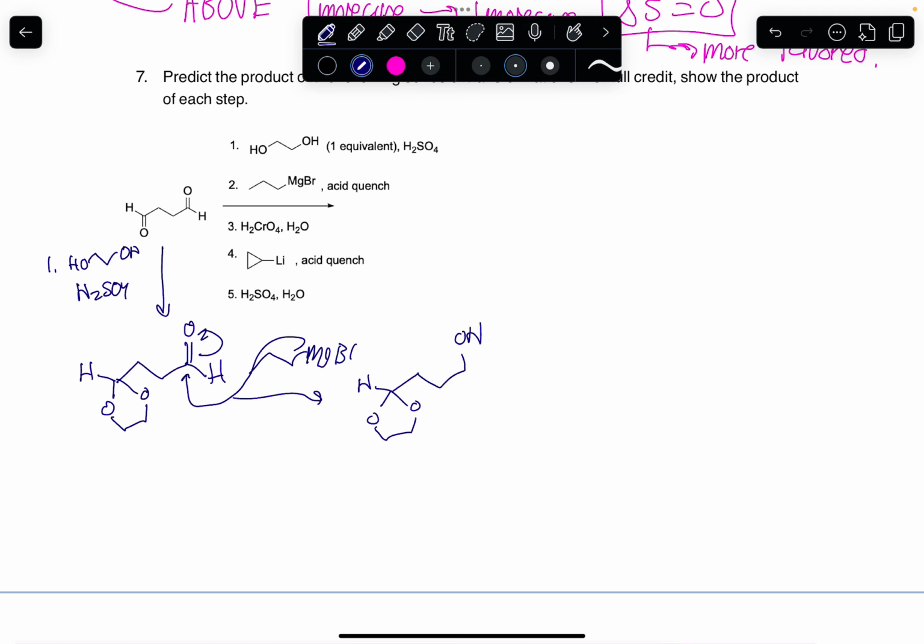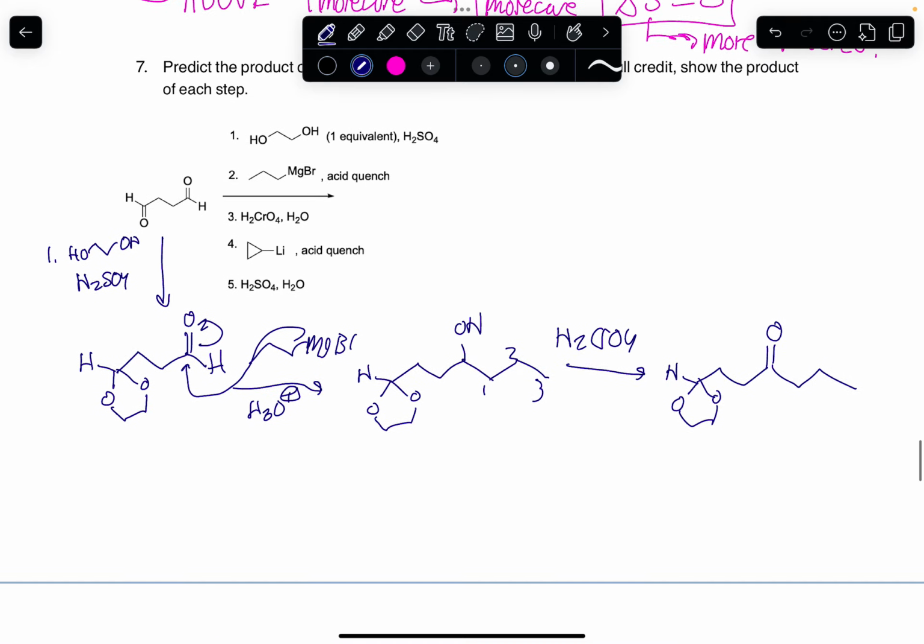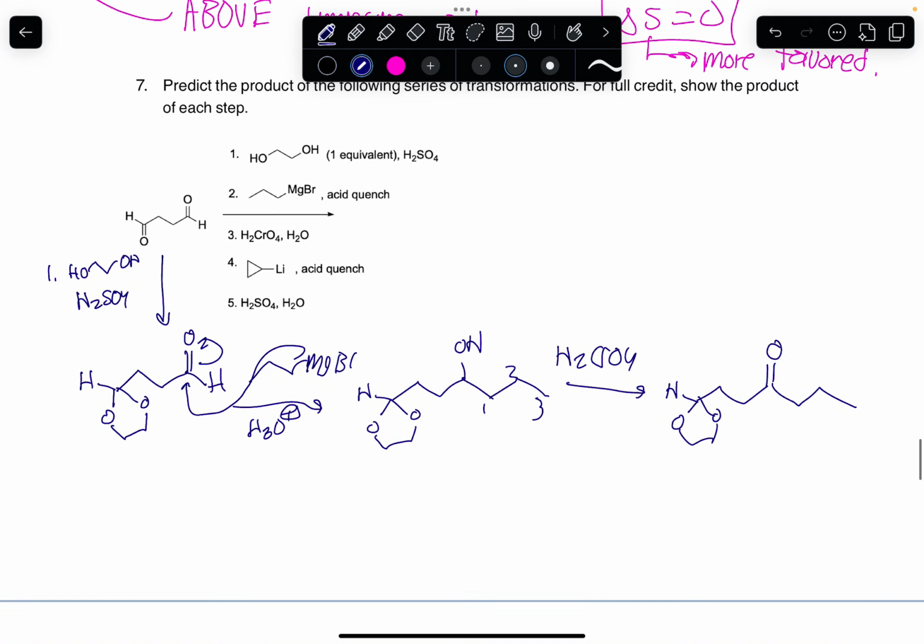And then we have an acid quench, so we can go ahead and make OH with a Grignard reagent, like that. H2CrO4 can oxidize an alcohol into a carbonyl in this case, actually. So it can make carboxylic acids.